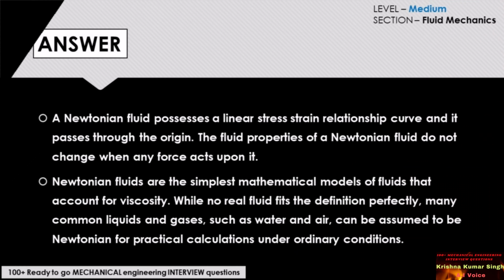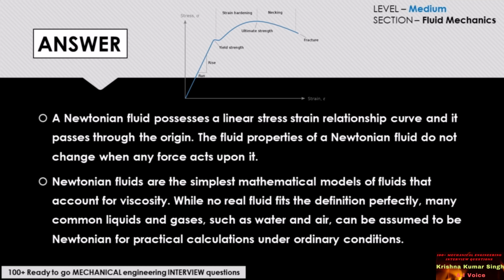So the answer to this question would be, a Newtonian fluid possesses a linear stress-strain relationship and it passes through the origin. The fluid properties of a Newtonian fluid do not change when any force acts upon it. Newtonian fluids are the simplest mathematical models of fluids that account for viscosity.